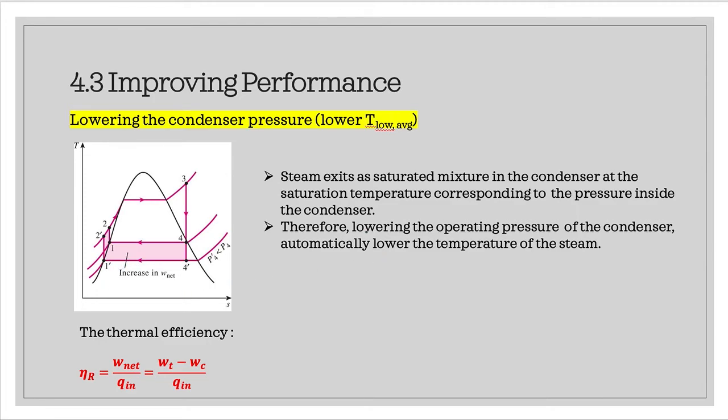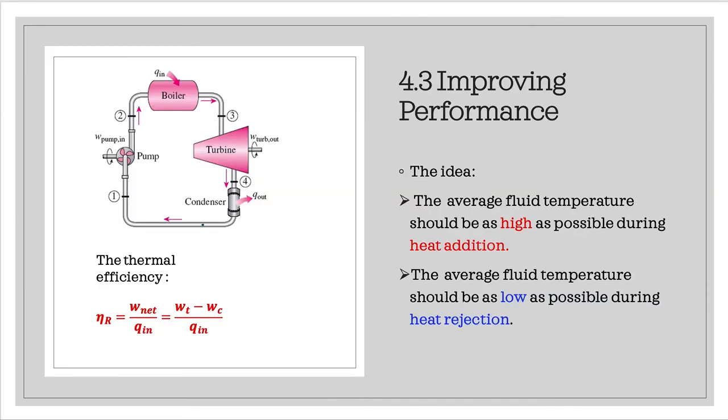Steam exists as a saturated mixture in a condenser at the saturation temperature corresponding to the pressure inside the condenser. Therefore, lowering the operating pressure of the condenser will automatically lower the temperature of the steam that fulfills this requirement.